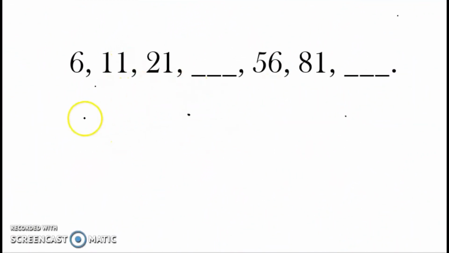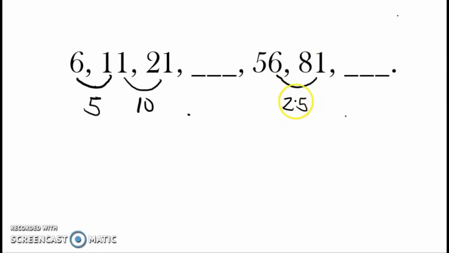Okay, so another example. So first, this is 6, 11, 21, then blank, then 56, 81, and then blank. So again, check natin yung difference nila. So this is 5. 11 minus 6 is 5. 21 minus 11 is 10. And then 81 minus 56 is 25.